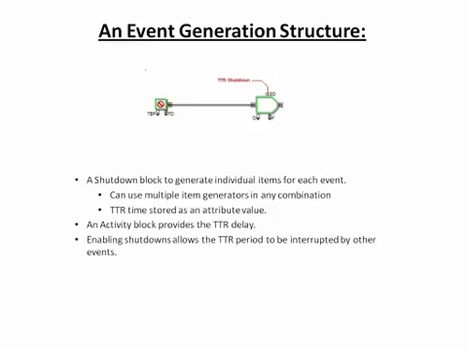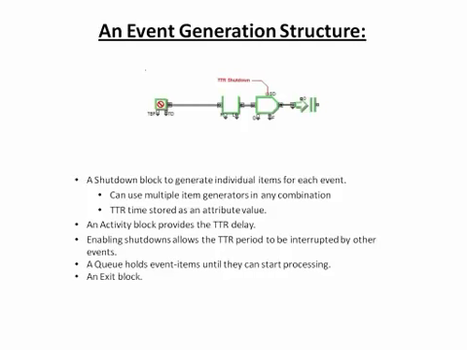For instance, we can put the activity block on a shift, or we can have other failure signals that say, this repair process is itself being interrupted and will take longer than anticipated. Because the shutdown block prevents items from coming into the activity, we need to put a queue in front of it to catch events that have been triggered, but which are not yet in the process of their repair. Once these events are done, we can throw them away. They're strictly there to generate the signals.